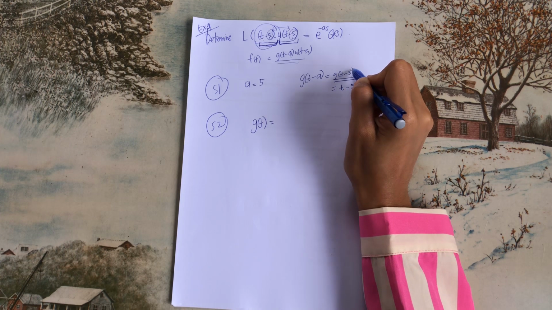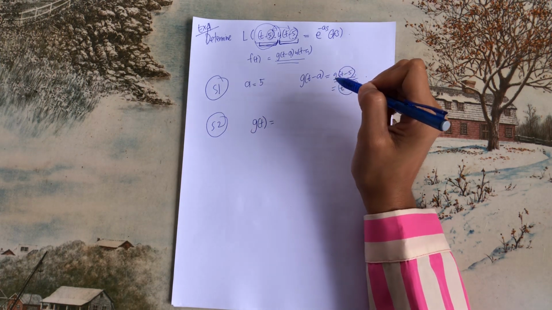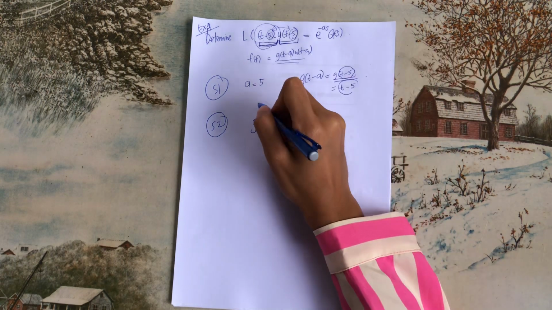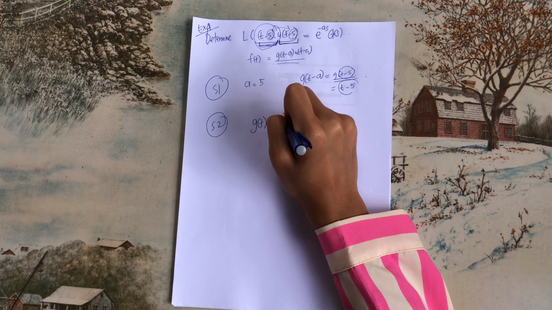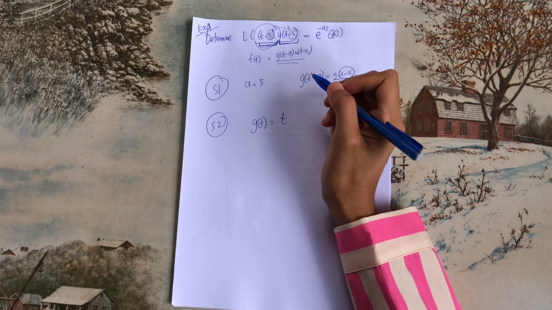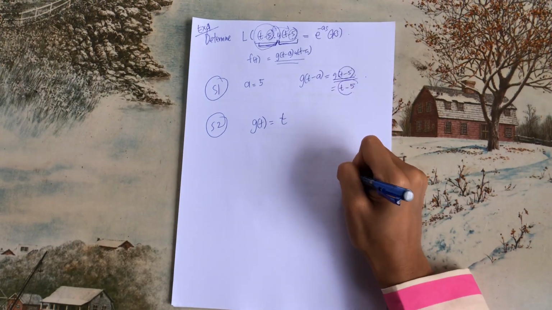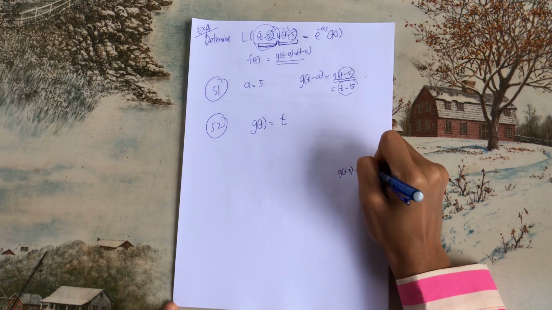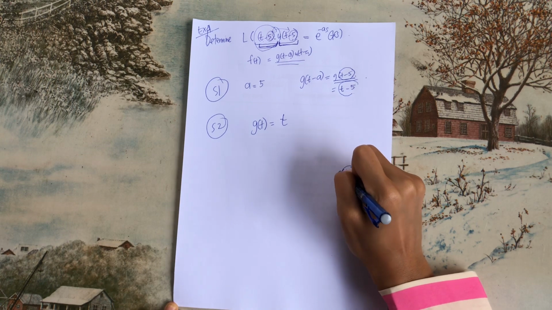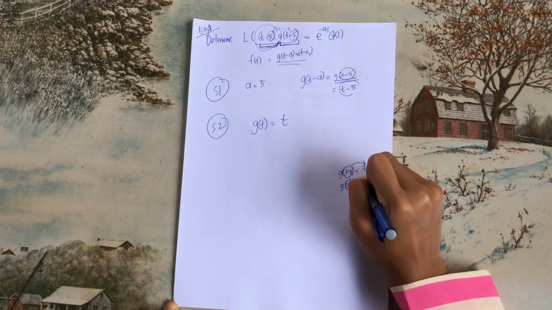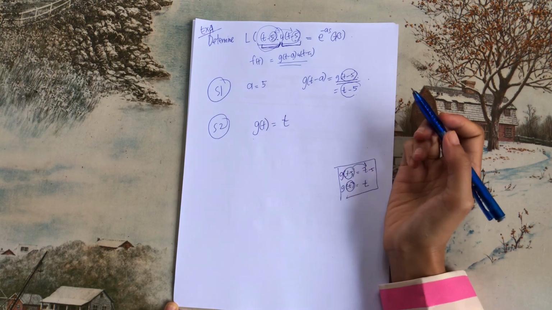That means if you replace t minus 5 with t, g(t) is equal to just t. There is no t minus 5, no t minus 2 and so on, just t. Let me show you again: g(t minus 5) is equal to t minus 5, so if you want to find g(t), it is just t. So g(t) is equal to t.